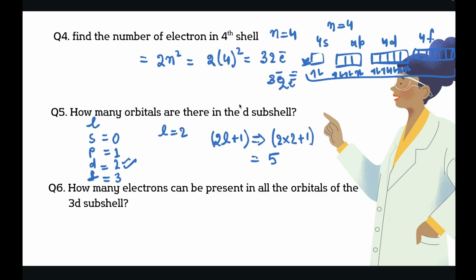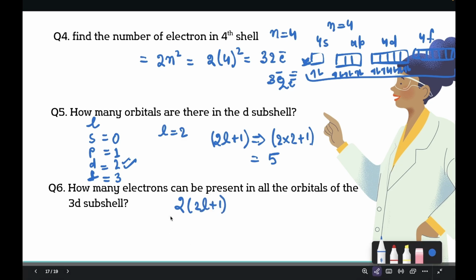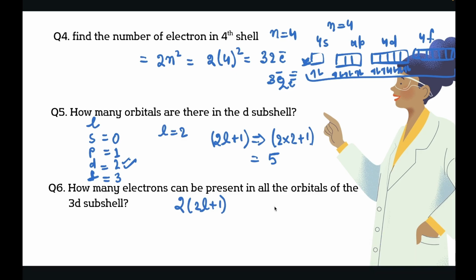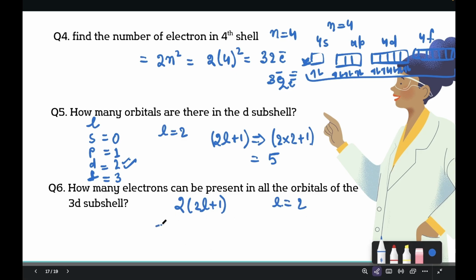Now the next question is, how many electrons can be present in all the orbitals of the 3d subshell? We can solve this question by using the formula 2 times 2l plus 1. So here for d, the value of l will be 2. Now put the value of l, 2, into the formula.